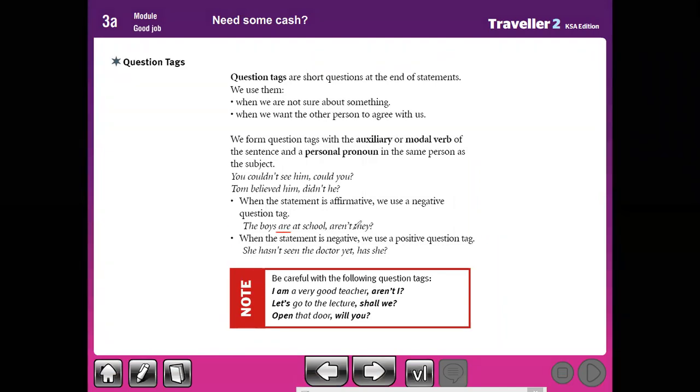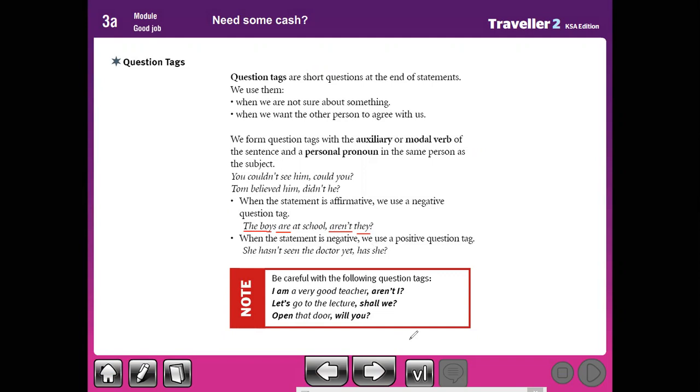So we use aren't. And the boys is plural, so we use the personal pronoun they. Aren't they? Because the statement is affirmative, we use a negative question tag.